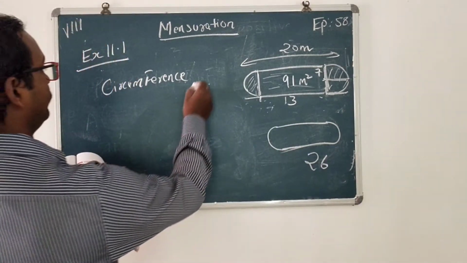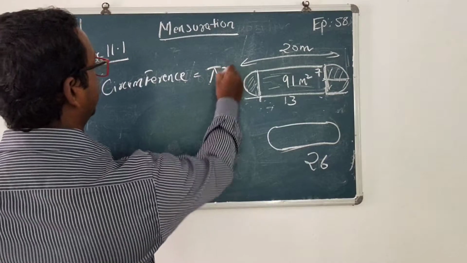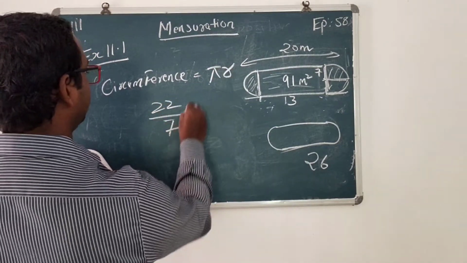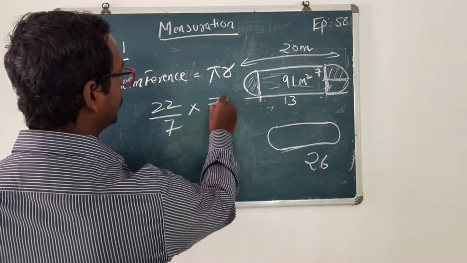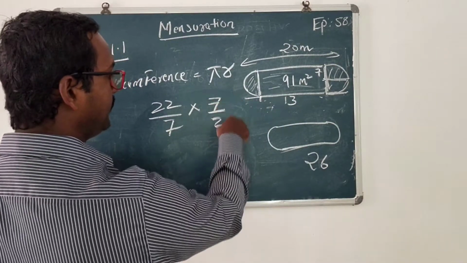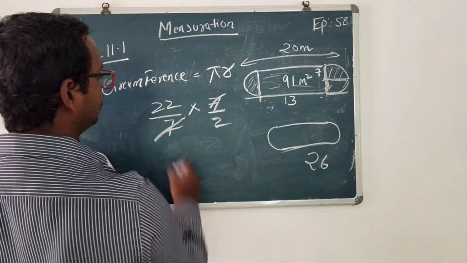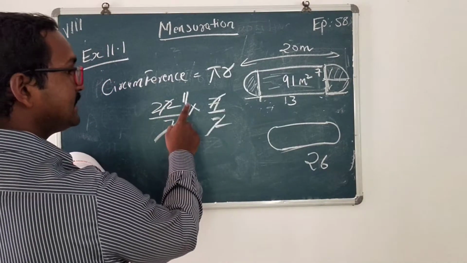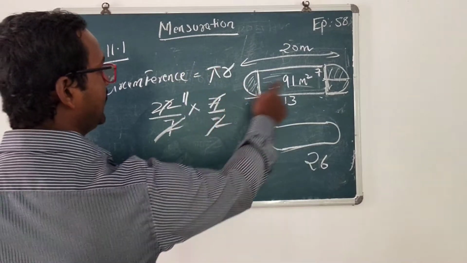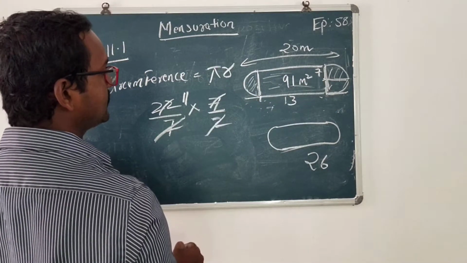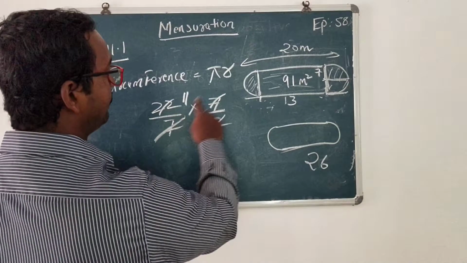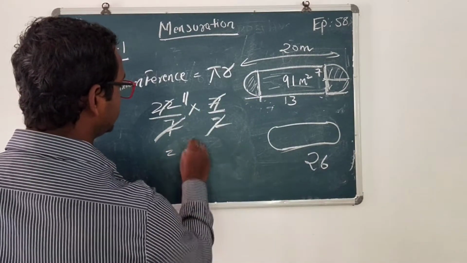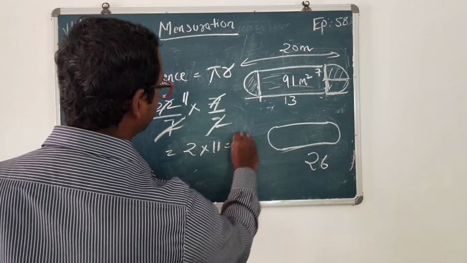So pi r is 22 by 7 into r, which is 7 by 2. Instead of keeping it as 3.5, keep it as 7 by 2. So this will cancel and this will become 11. So this is the circumference of one semicircle. We have two semicircles. So 2 into 11 is 22.